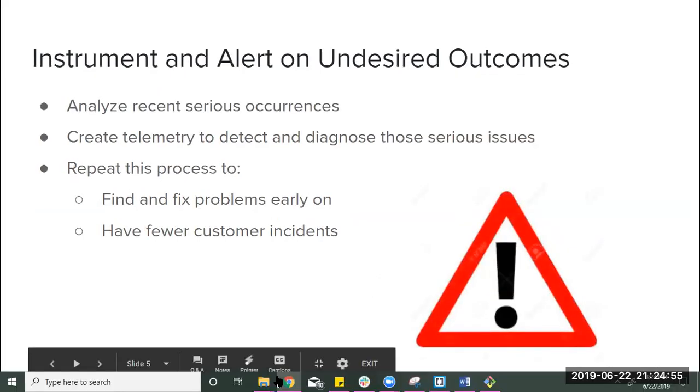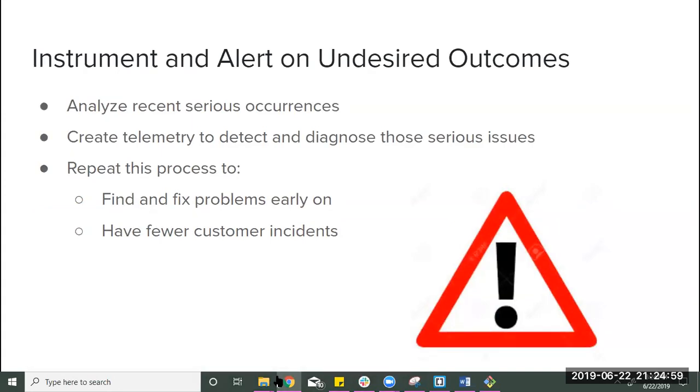When errors occur, alerts often trigger after the fact. However, ideally, alerts should go off before issues happen so that problems can be detected and fixed, mitigating negative consequences. This is accomplished by analyzing recent serious occurrences within the system, looking at the leading indicators that would have given an earlier warning of deviations from standard operations.